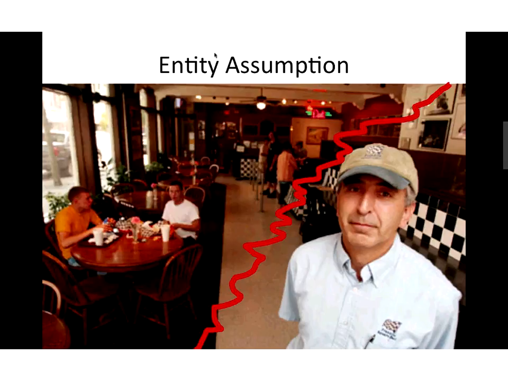The entity assumption states that Carl's personal stuff is separate from Franklin Square Deli financial statements. So whether Carl is a sole proprietor or corporation, they are still, from an accounting standpoint, two separate entities. So we have Carl the person, and we have Franklin Square Deli the business.